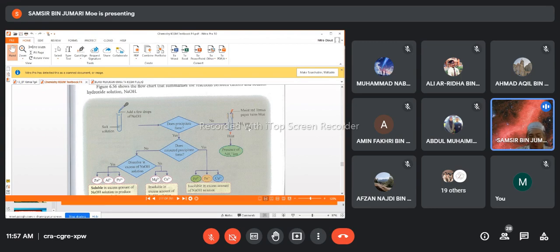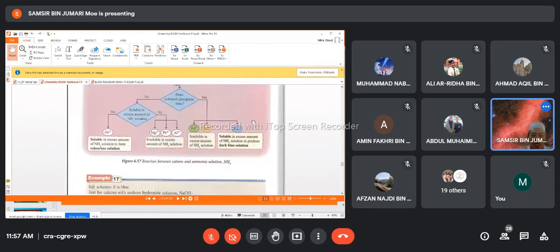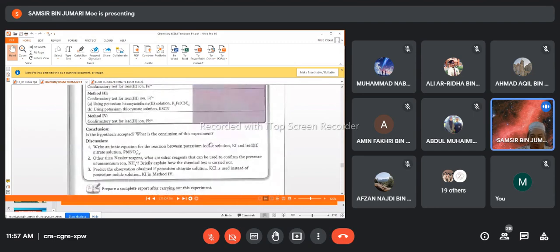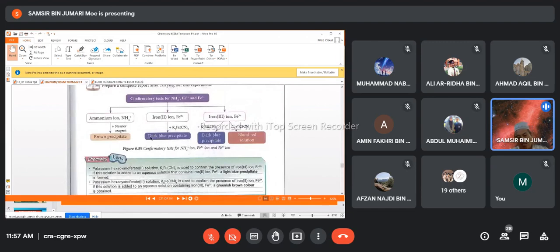Okey, bagi iron 2 ion and iron 3 ion, ada ujian spesifik dia. Bagi ammonium ion pun selain daripada tadi tu, ada 2 test tadi, ada lagi satu test yang spesifik yang kita boleh gunakan. We use the Nessler reagent, which will produce the brown precipitate.